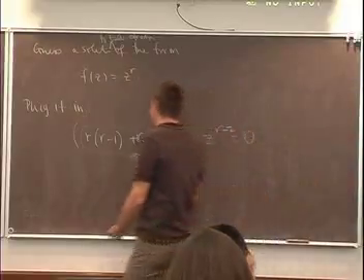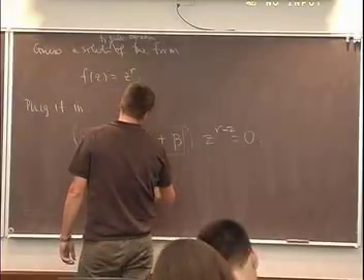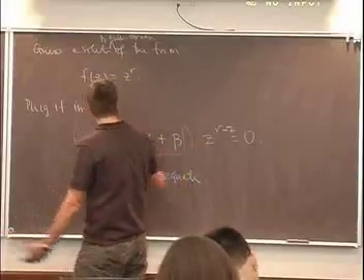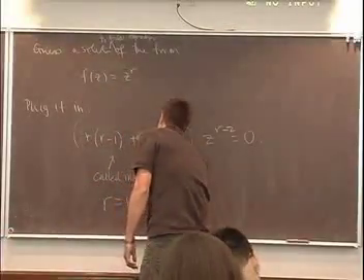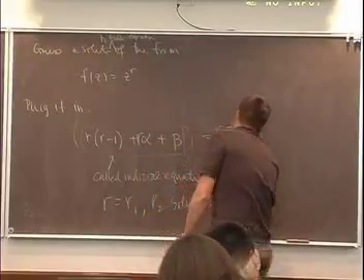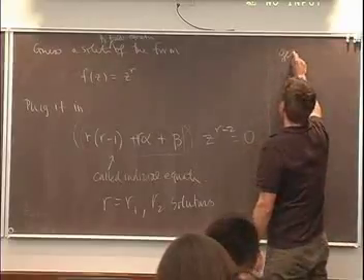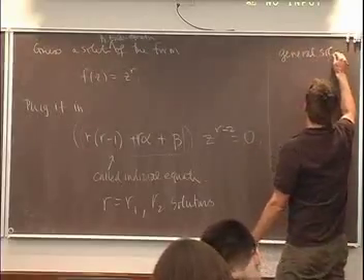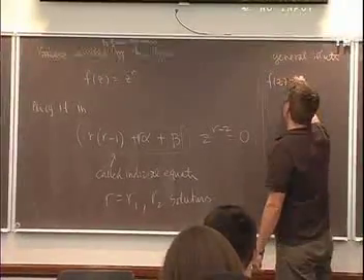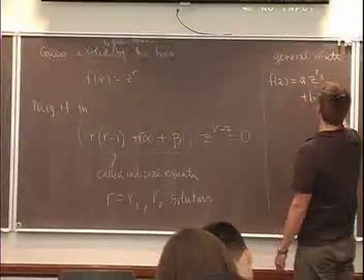Now, this is called the indicial equation. It's a quadratic, so it has two solutions. Our general solution of the Euler equation is the linear combination of these two solutions, the two-dimensional space they span.